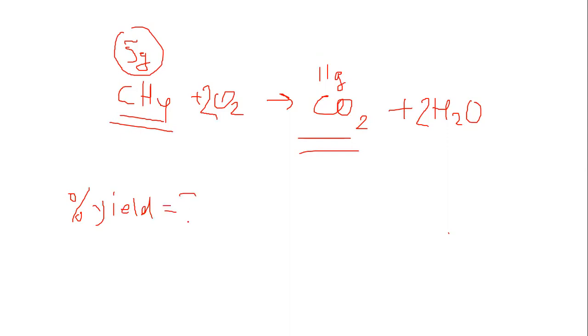How to find percent yield? So the strategy is like this. It is mass to mass: actual yield per theoretical yield.